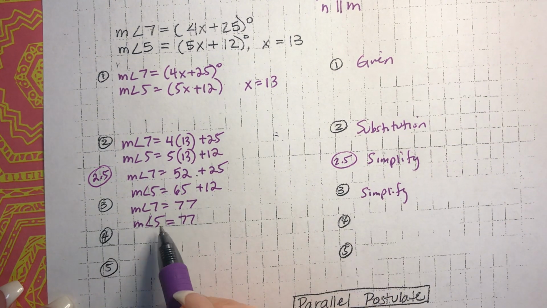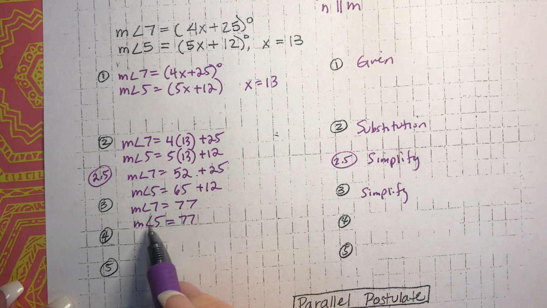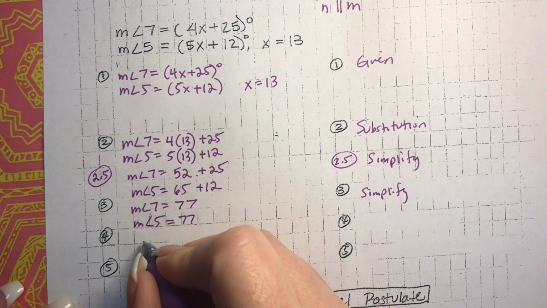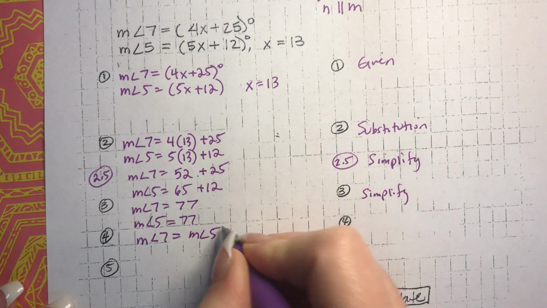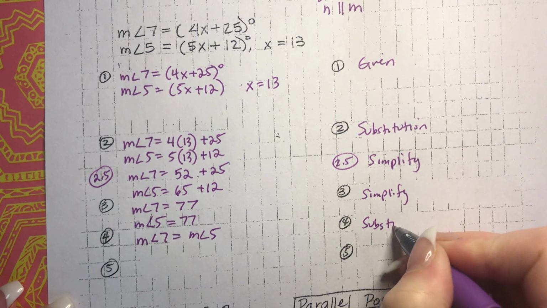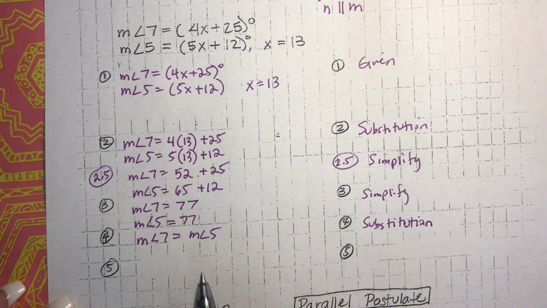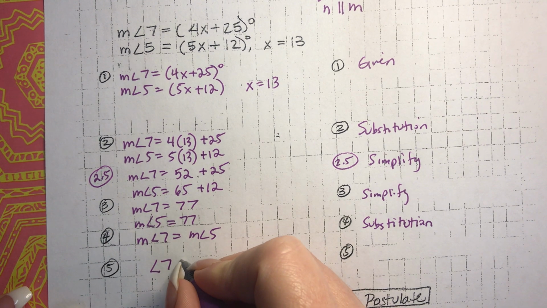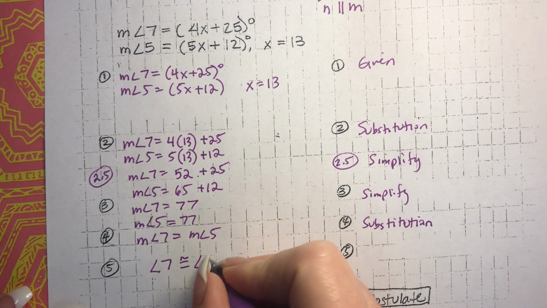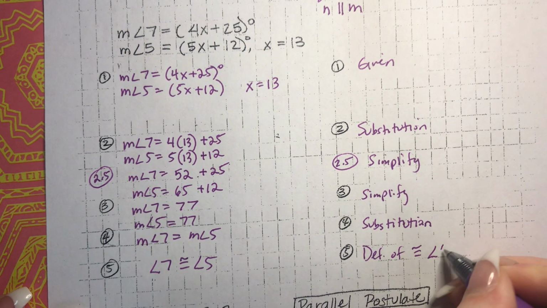So since the measure of angle 5 is the same thing, we can substitute that in for 77. So we have measure of angle 7 equals measure of angle 5 because of substitution. And then to prove those lines parallel, we need this to be in the congruence form, so I'm going to change that: definition of congruent angles.